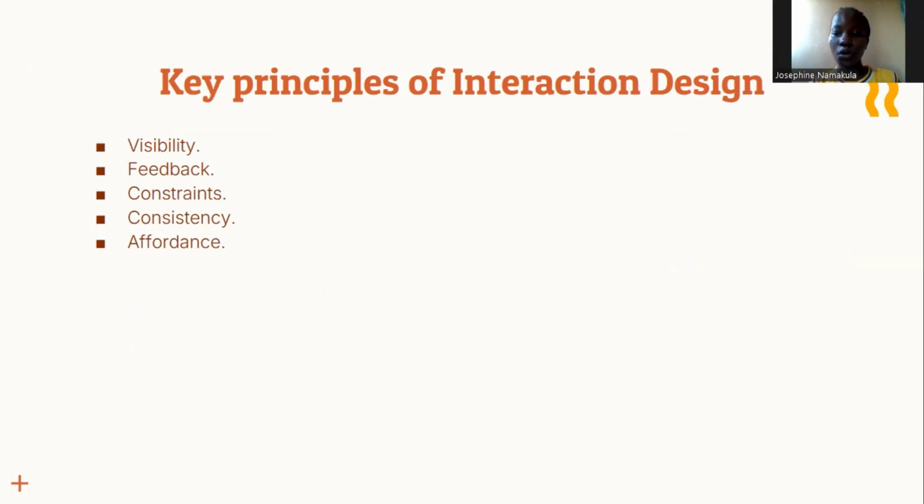Feedback is a very critical component because the system should provide immediate feedback to users about the actions they have taken. This helps them understand the outcomes of their actions with the system and guides them on what they should do next.